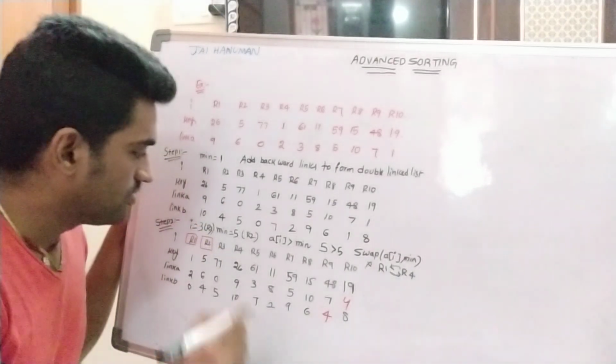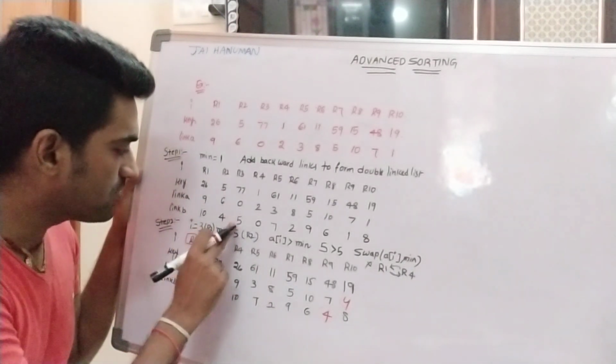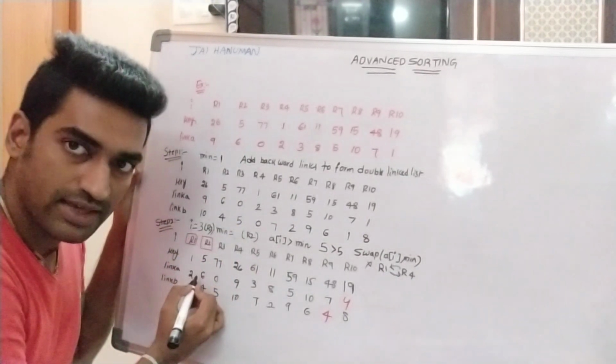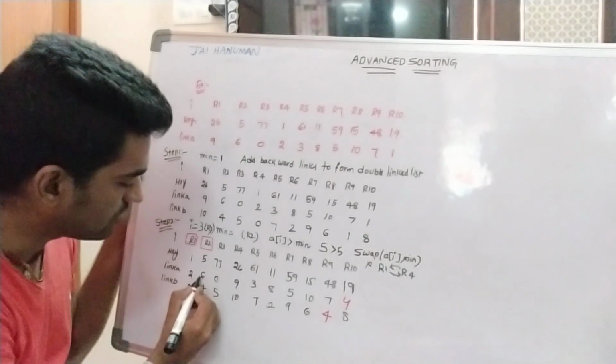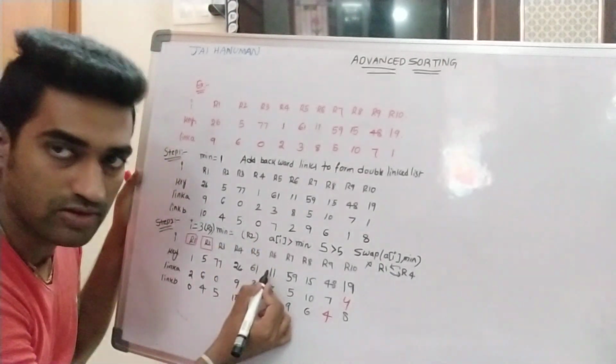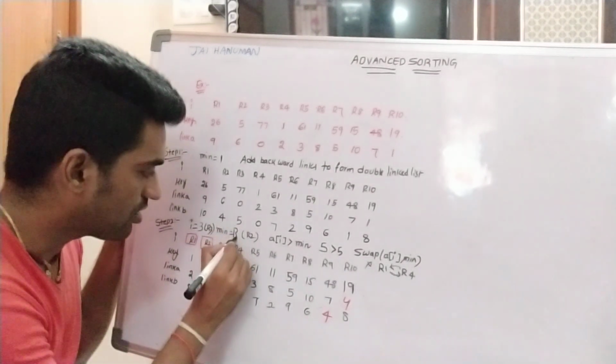R3. So we can find the minimum value with the help of the previous record's link A value. What is the previous record's link A value? 6. So go to R6. Now this is the minimum value, so minimum is equal to R6.